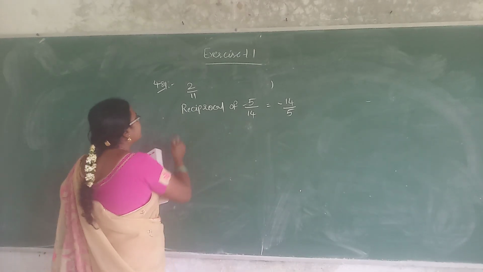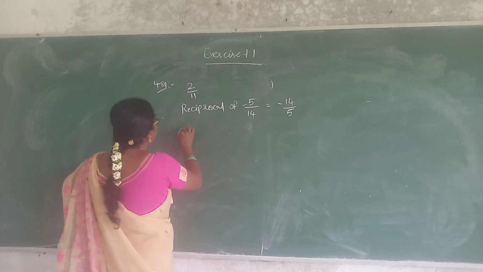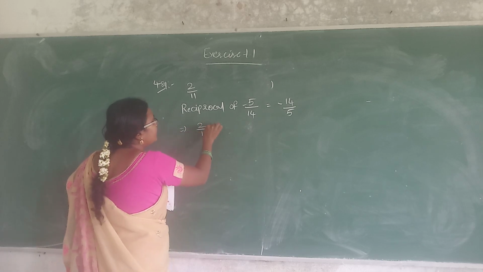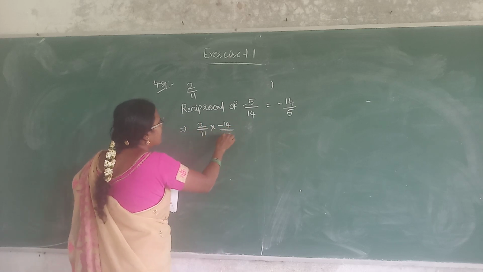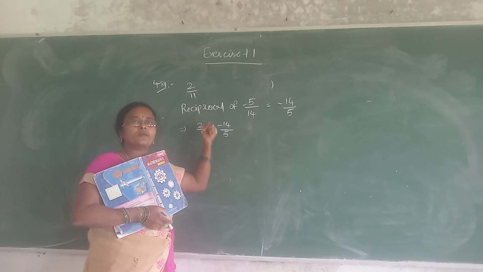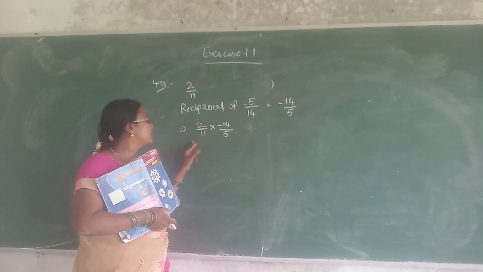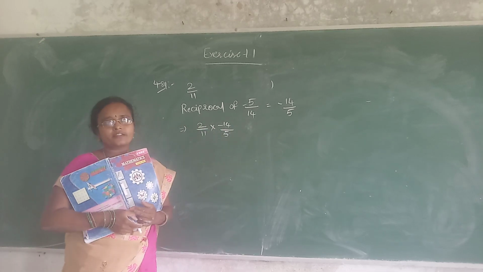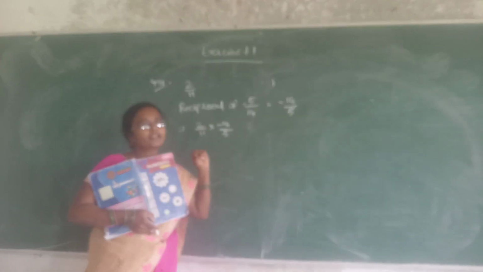So the answer is the multiplication 2 by 11 into minus 14 by 5. First of all, we have to observe whether any cancellation is possible between the numerator and denominator. Here, all of these are co-primes to each other. That's why there is no possibility of cancellation.